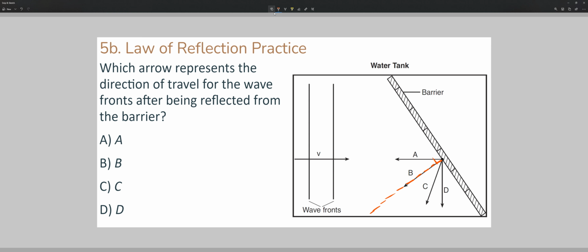It's bouncing off the barrier, and your normal line is perpendicular to your barrier. Your wave is moving this way, so this is your incident wave, which means this is your angle of incidence. And the law of reflection says my angle of incidence is equal to my angle of reflection. So both of these angles must be equal. So your wave will travel in the direction of C.